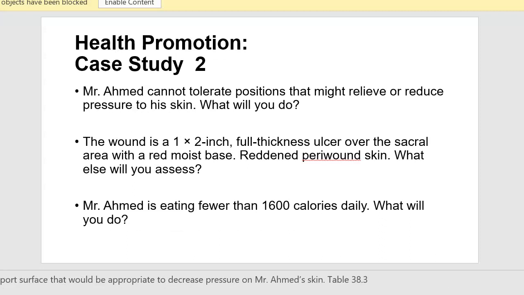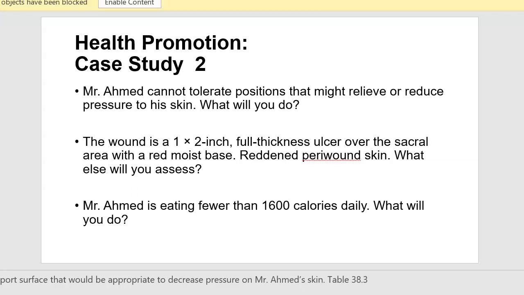So if we go back to Mr. Ahmed, he cannot tolerate positions that might relieve or reduce pressure to his skin. So as a nurse, you need to think what to do about that. Really at this point, we need to find what type of surface would be appropriate to decrease pressure on Mr. Ahmed's skin.